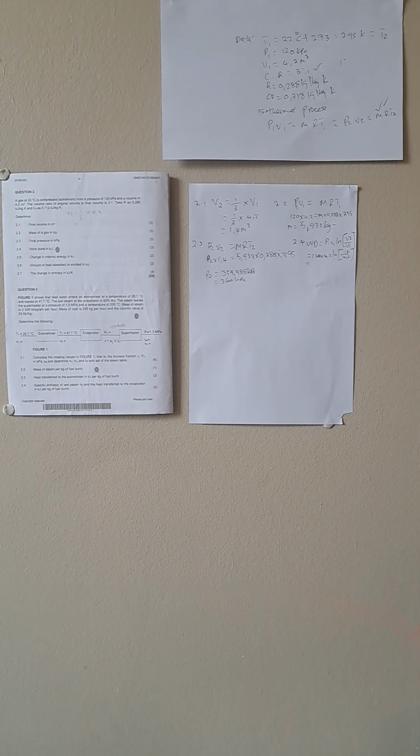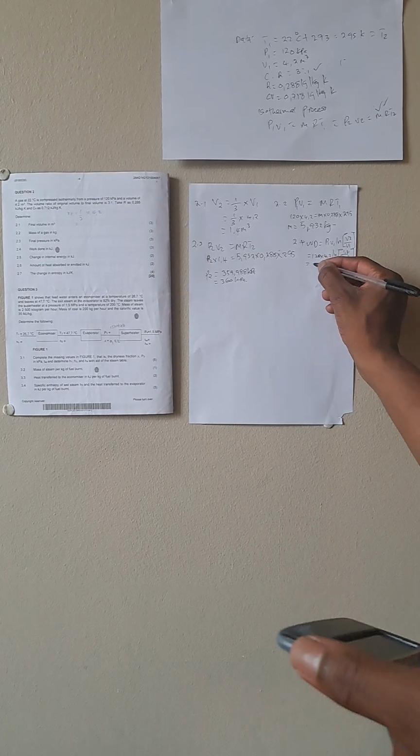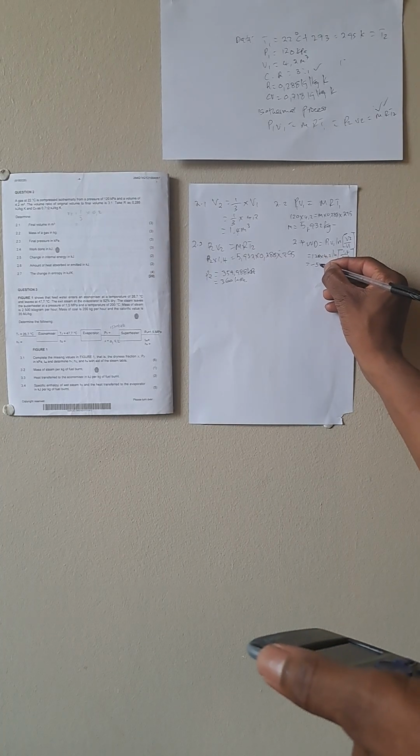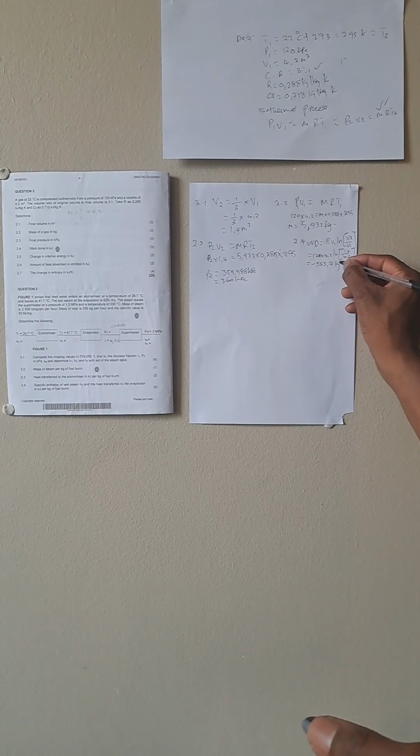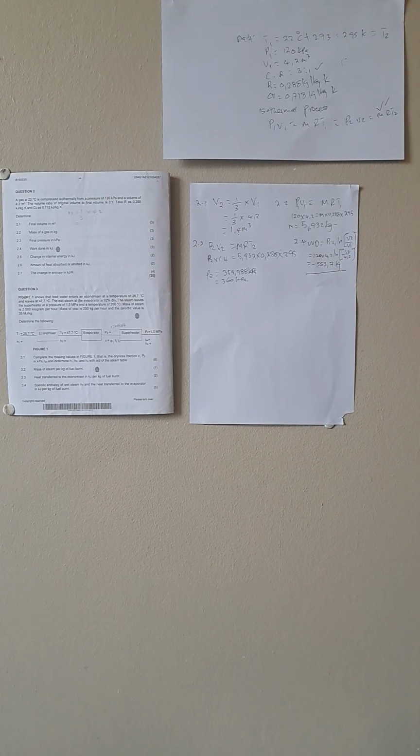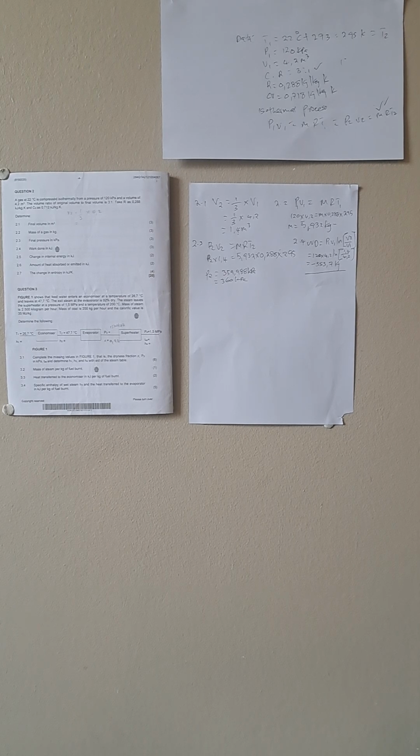I'm getting minus 553.7 kilojoules. The negative sign shows there's a loss of energy in the system, which shows that our answer is right.